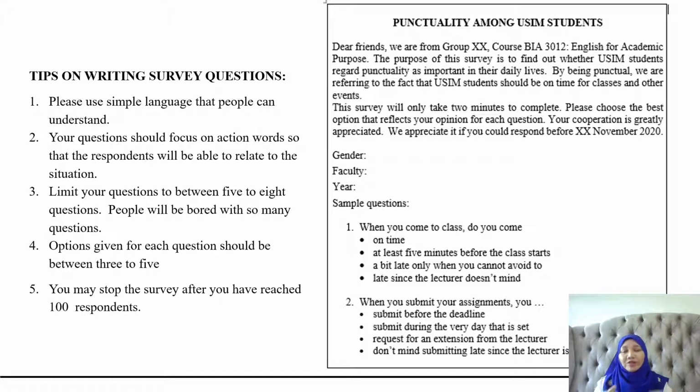Okay, so that will be your first factor in your paper. Now, when you submit your assignment, do you submit before the deadline, submit on the very day, request for an extension, or not mind submitting late since the lecturer doesn't mind? This corresponds to which research question? Is it the impact, is it the factor, or is it a recommendation?